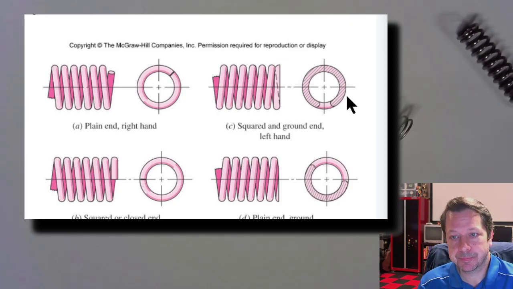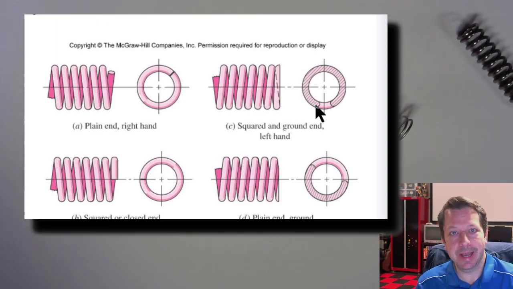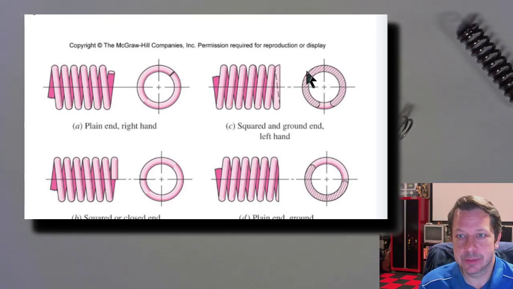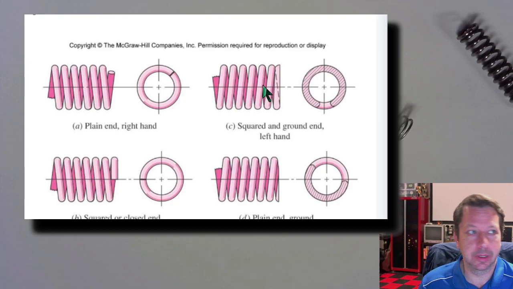This version, they squared off the end, they twisted it around flat, and then they ground it. So you can see almost all of the spring will sit flat on a surface. A valve spring in your car engine would have this sort of spring in there. I didn't want to go take one out to show you, but that's what it would look like.